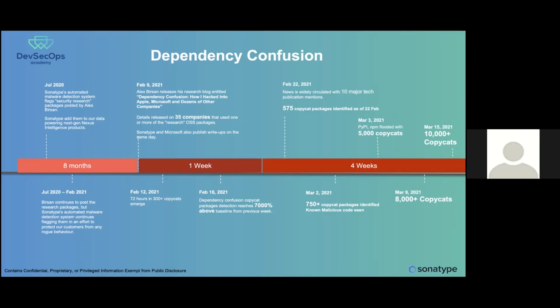By the end of March this year, there were in excess of 10,000 copycat attacks using the same kind of mechanism. And again, this is something that we have to address to manage our software supply chain.